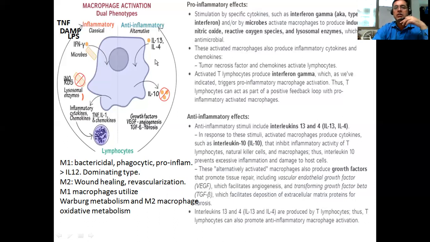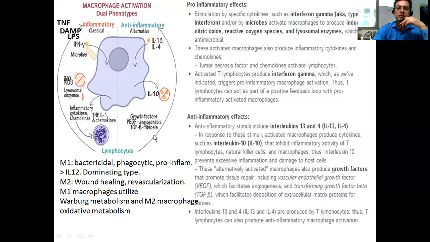You would have seen in COVID-19 that excessive inflammatory response leads to death of the people. And people are using different steroidal options in order to cut that response, because too much of the response can actually be very dangerous for the body. These alternately activated macrophages also produce growth factors that promote tissue repair.